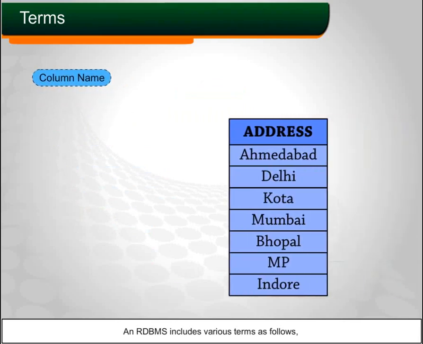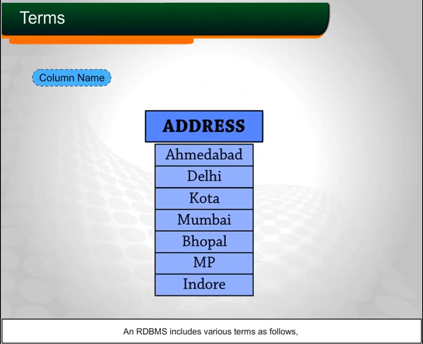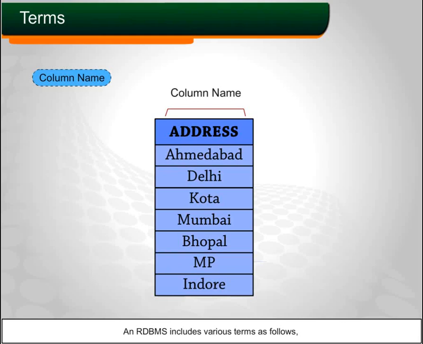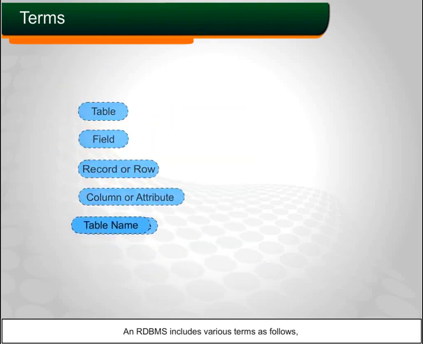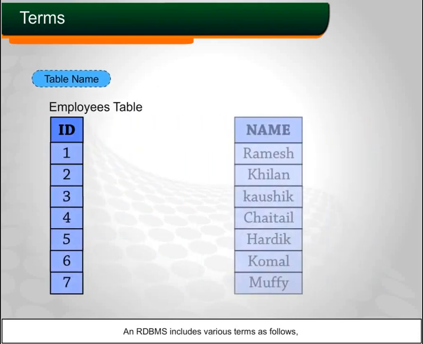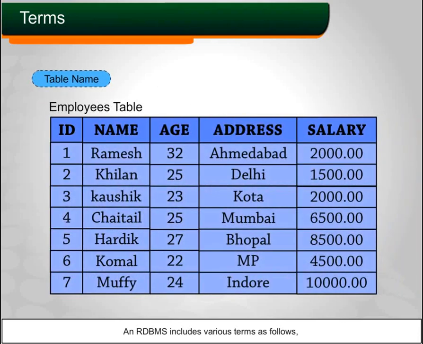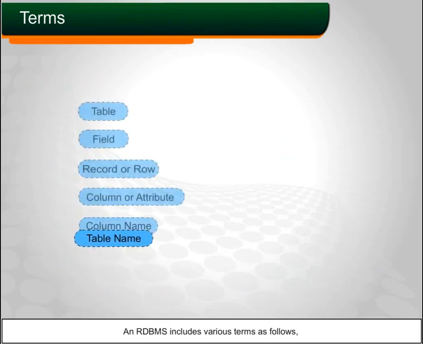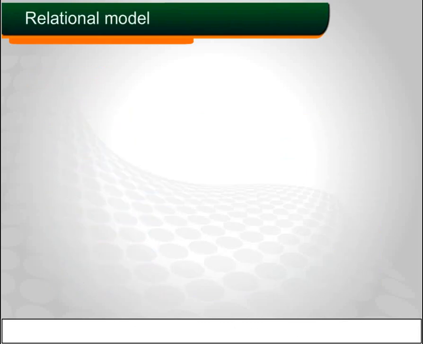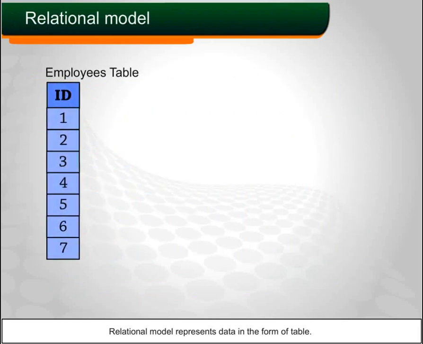Column name, table name. The relational model represents data in the form of tables. Employee table.